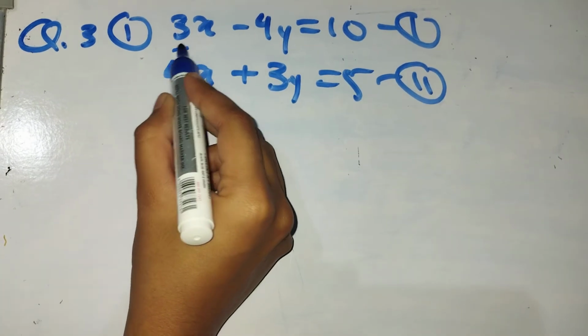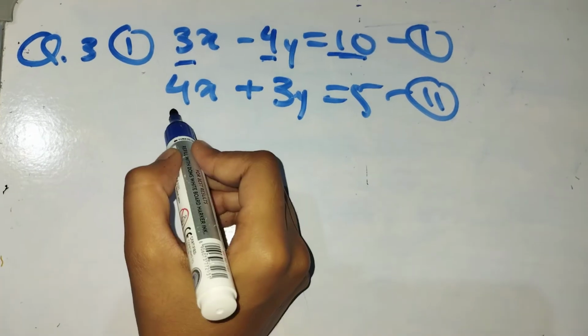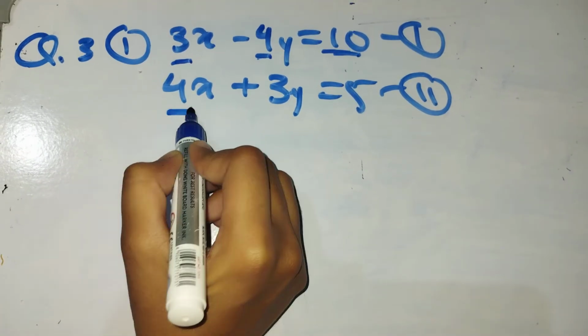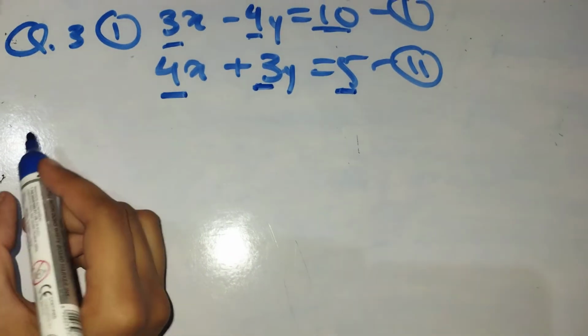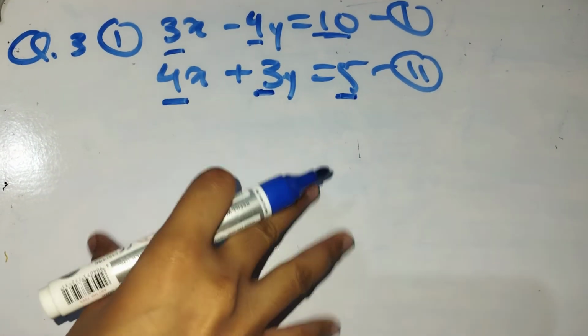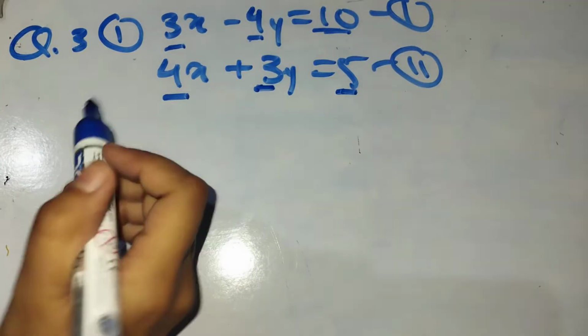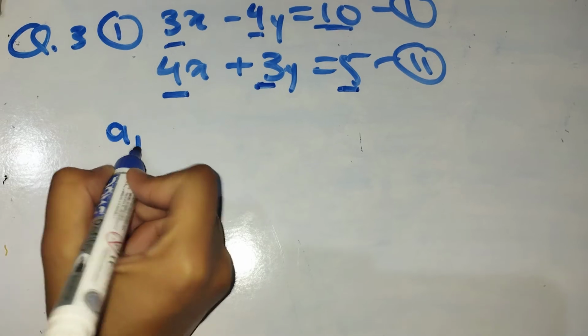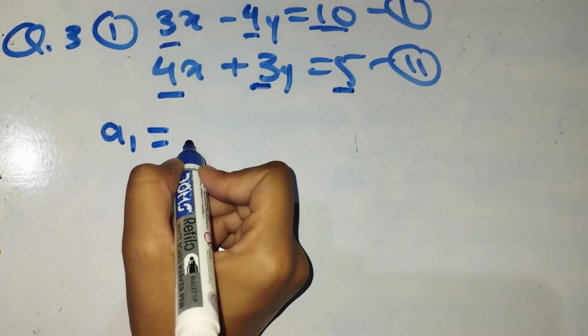This is your A1, B1, and this is your C1, and here is your 4, which is your A2, B2, C2. If you are confused or solving this equation for the first time, make it clear: just write every value in your notebook.